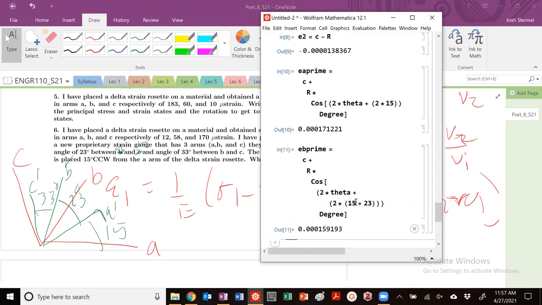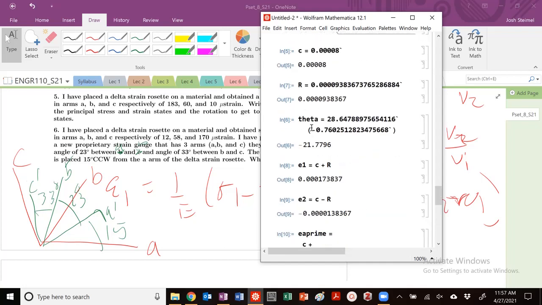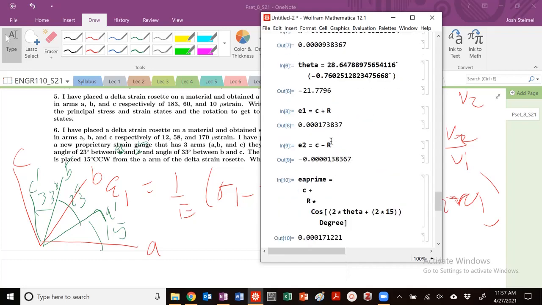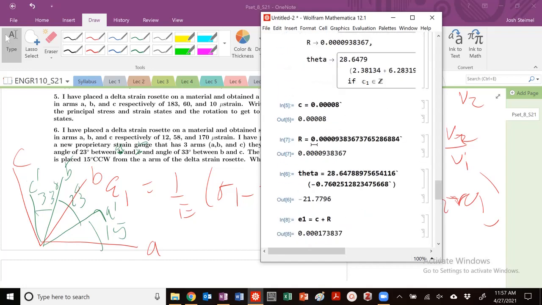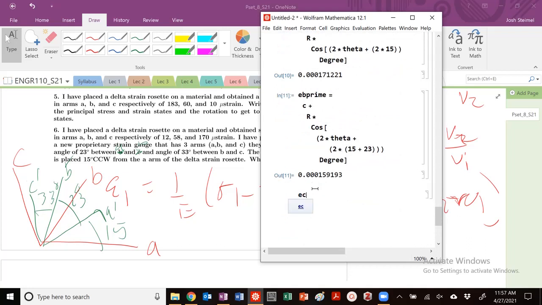And then finally, so 2 theta, and let's get these values. It just depends on where you are working in this kind of problem, and how we're defining our, actually we need basically our negative r value, but we'll get that in just a second. So we want that r value here, and then our EC prime.